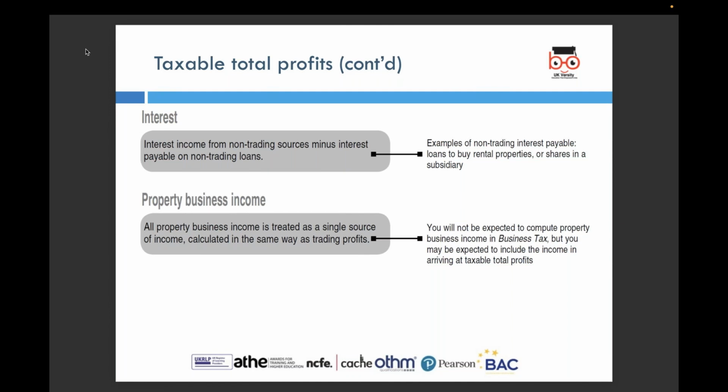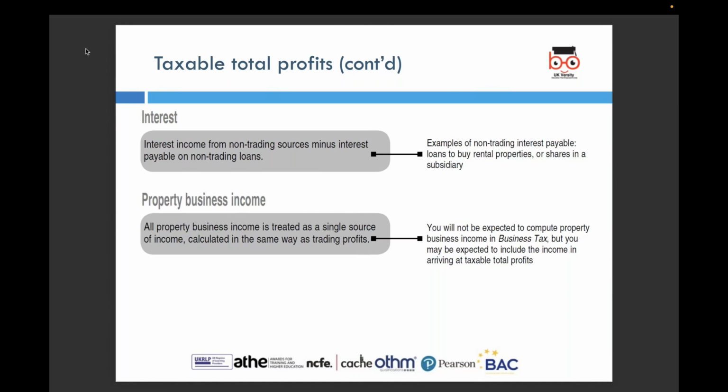Chargeable gains and capital gains tax is a tax on profit from the disposal of certain assets such as shares and property. I'm just giving you a quick highlight. The basic principle of calculating gains and losses involves understanding how capital gains and losses are calculated.